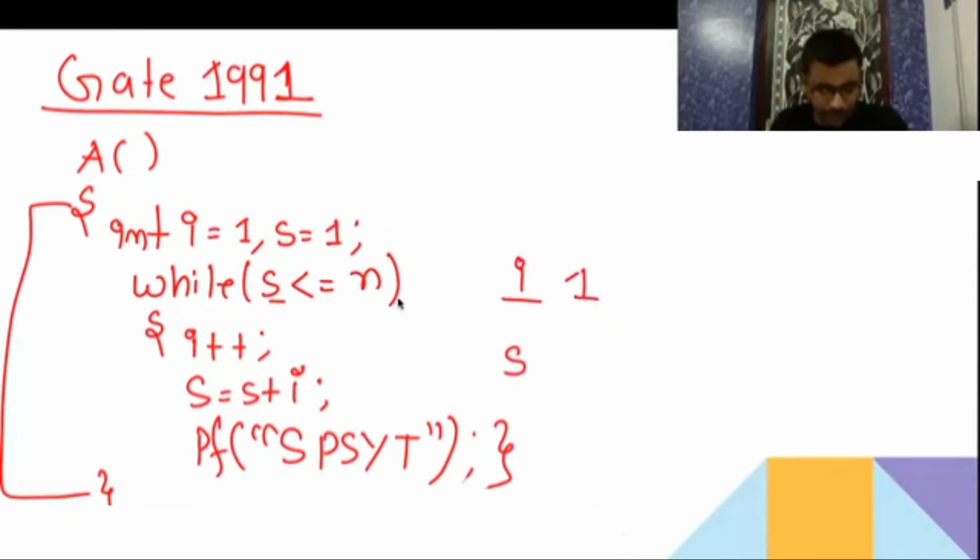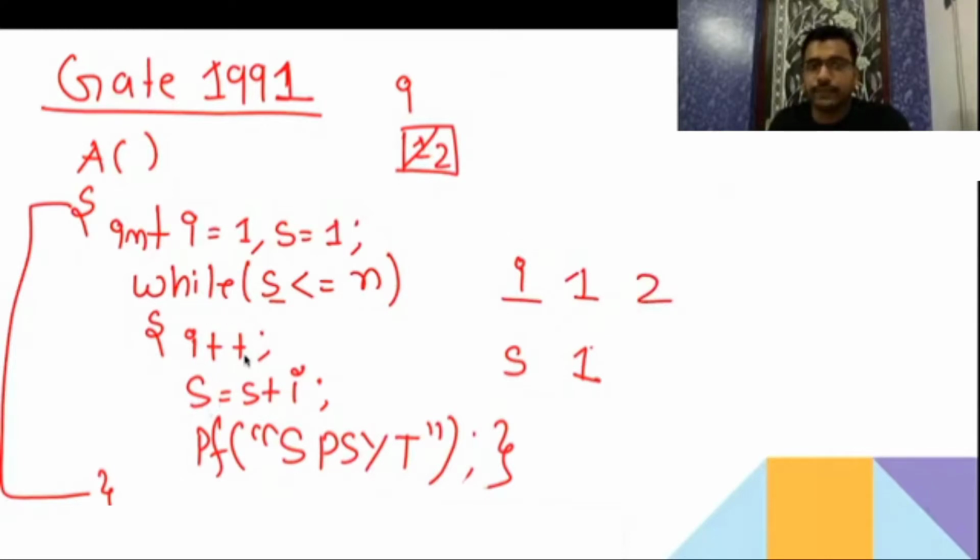I am assuming some value of n, so it is smaller. Now again i will be increased to 2. Initially it was 1, now it becomes 2.